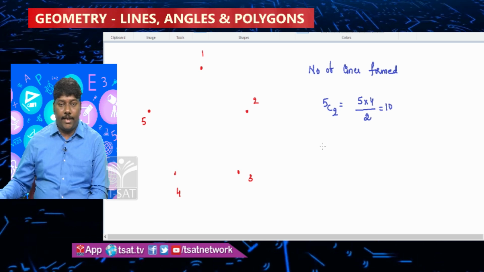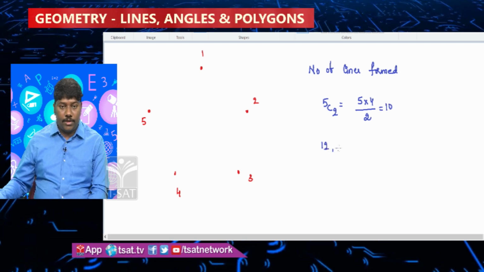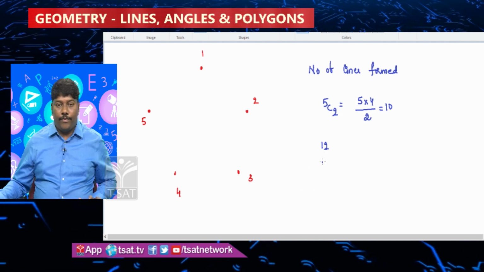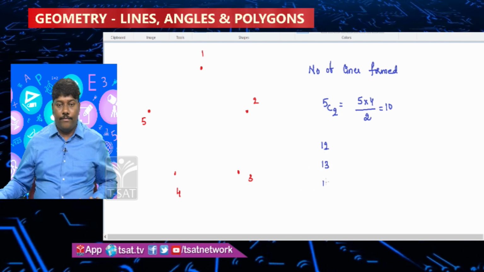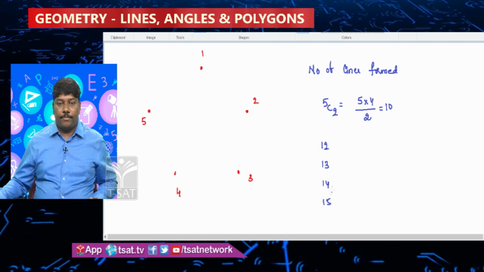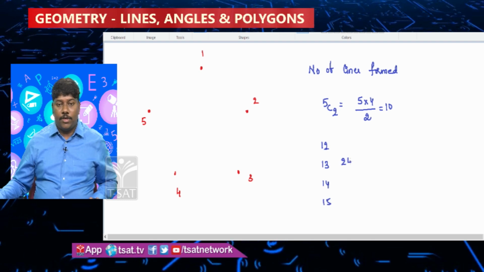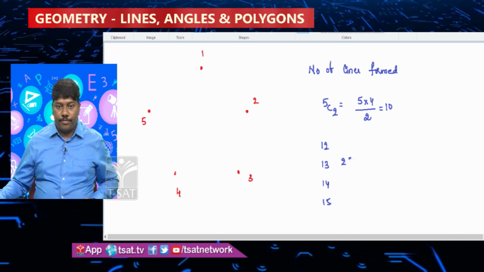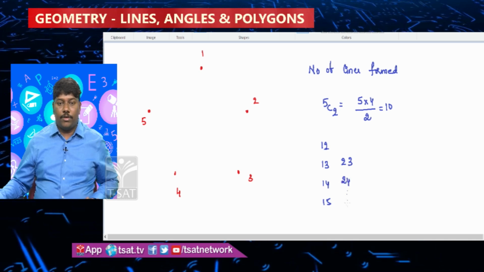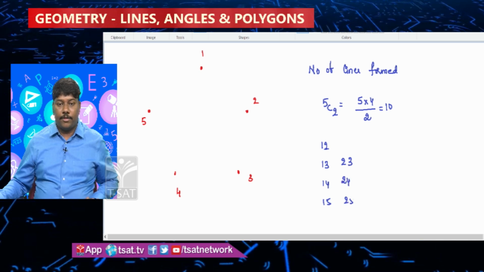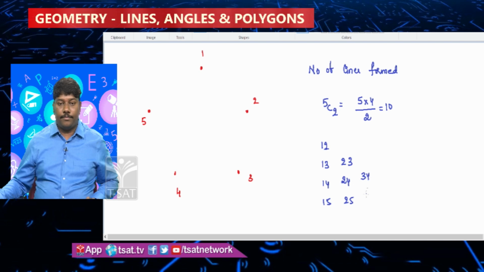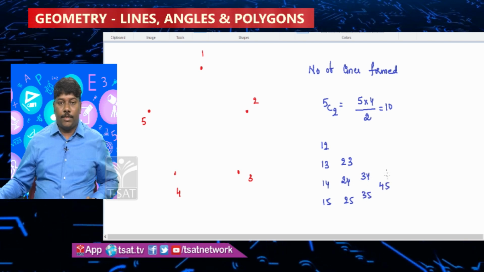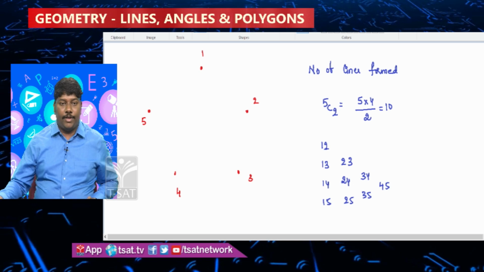And what are those 10 lines? 1 2, 1 3, 1 4, 1 5. Write it in ascending order. 2 3, 2 4, 2 5, 3 4, 3 5, then 4 5.